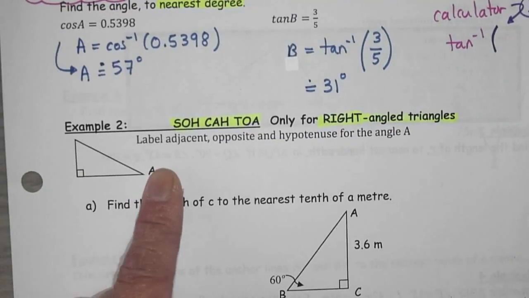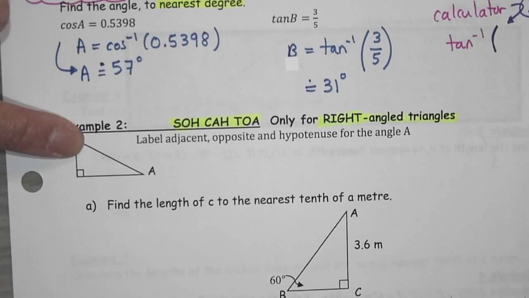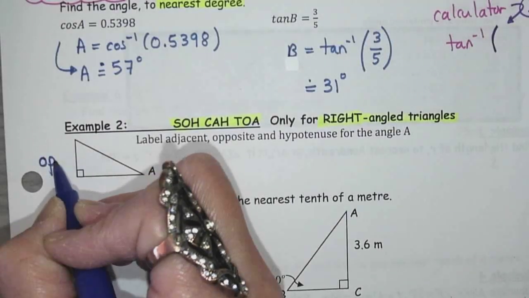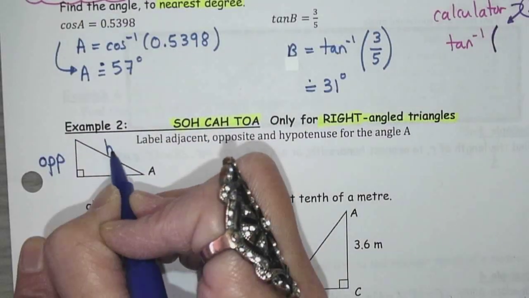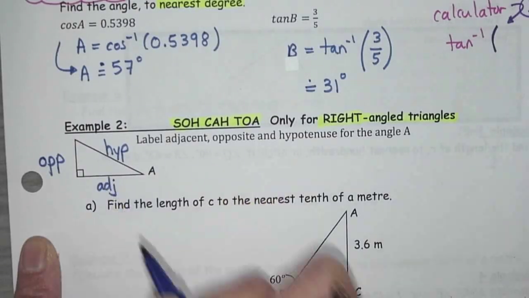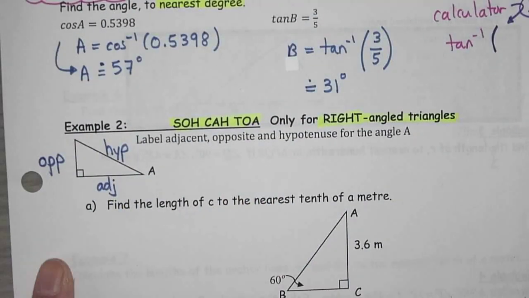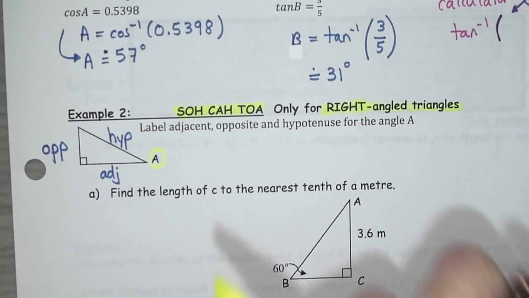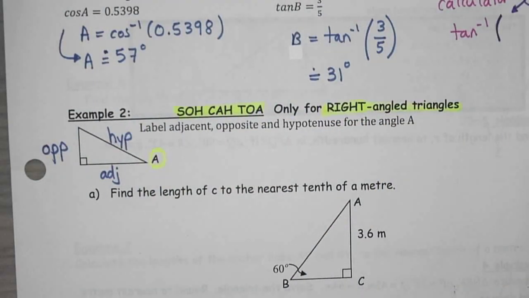For angle A, you have to have a reference angle, because otherwise if you have this one, opposite and adjacent will be different. So if this is angle A here, this one would be opposite, this one's hypotenuse, and this one's adjacent. Okay, so it depends on your angle. You have to know what your reference angle is.